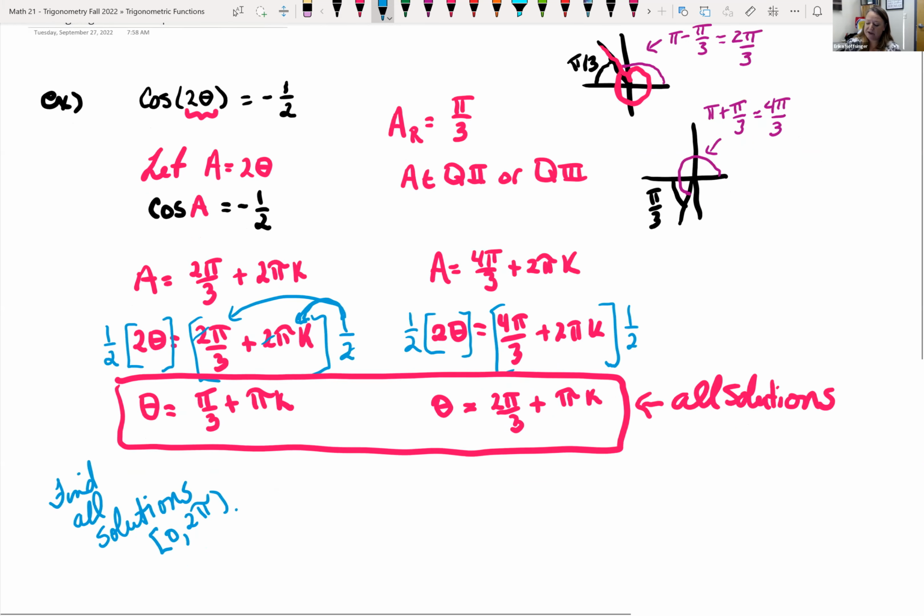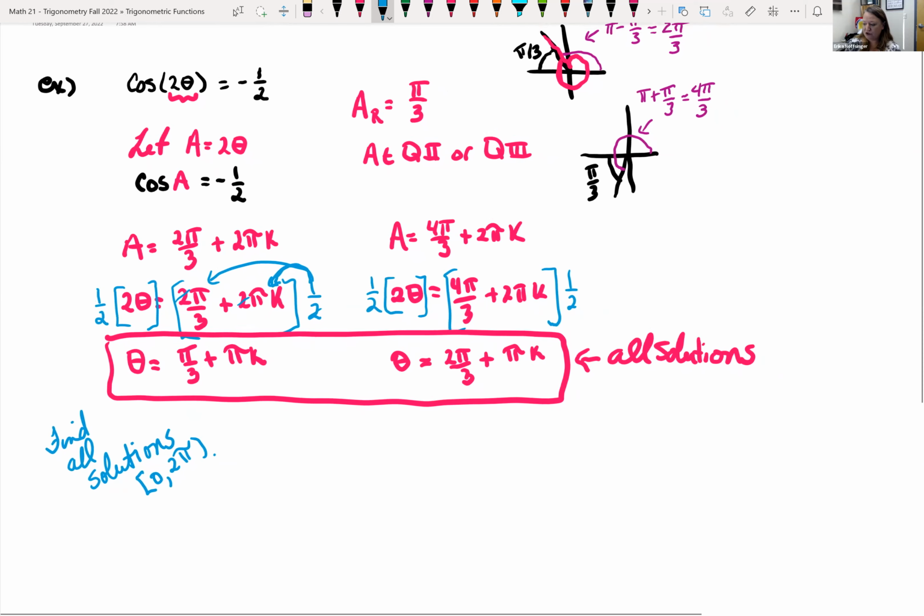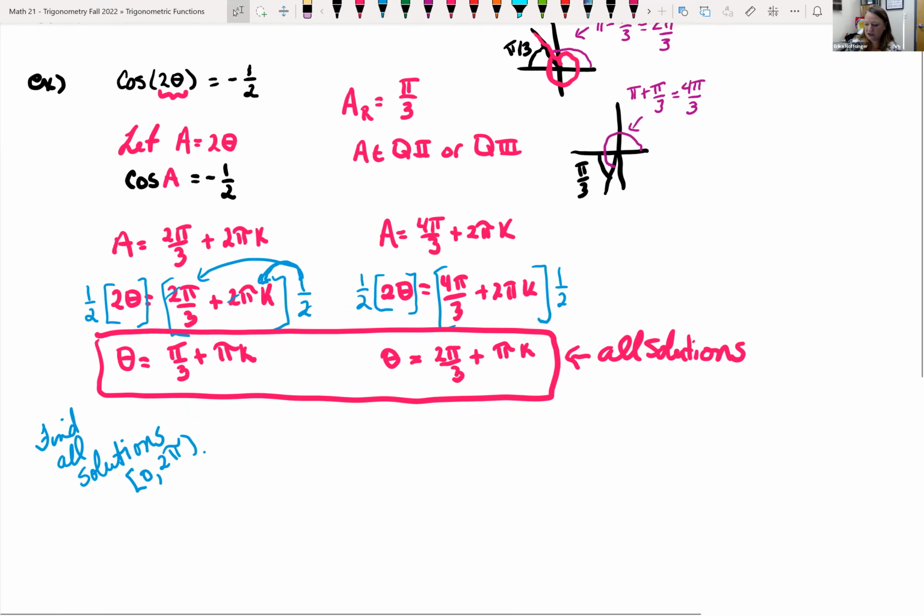And for all values that fall in between 0 and 2 pi, we're going to keep those values. And so if we let k equal 1, actually, let's start with k equals 0. That's the easiest case. So if we go in here and we plug in 0 for k, we would get that theta is just pi thirds for that first equation. And if we plug in 0 for k here, we get 2 pi thirds plus 0, so 2 pi thirds.